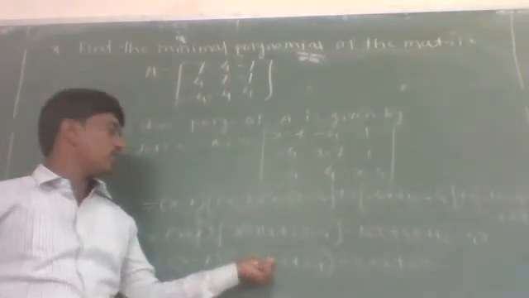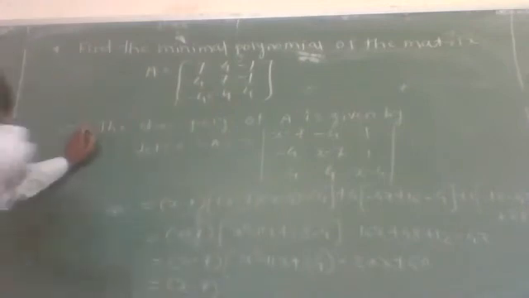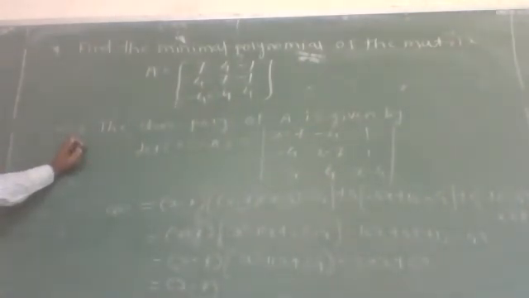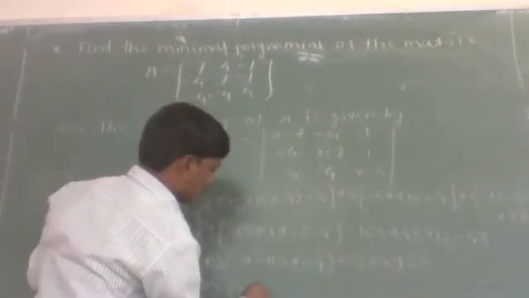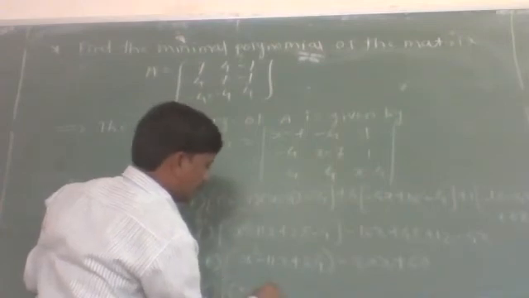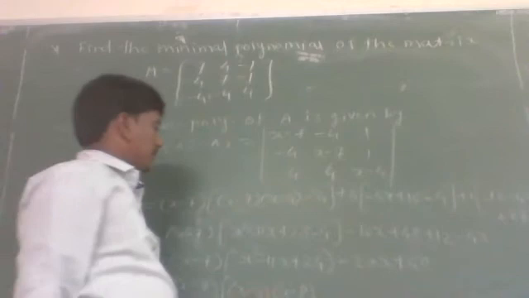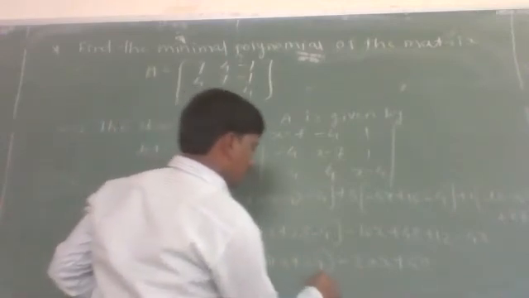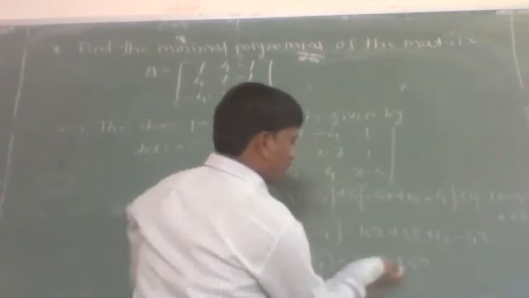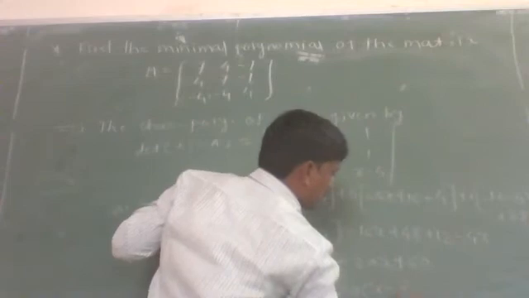And which is nothing but x minus 7 into x square minus 11x plus 24, minus 20 common, then we get x minus 3 into minus 3, minus 8; x minus 3 into x minus 8, since minus 3 minus 8 is minus 11 and minus 3 times minus 8 is 24.